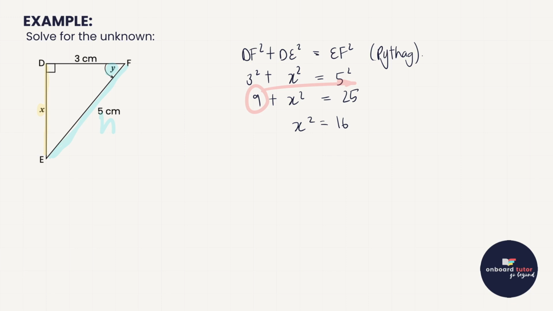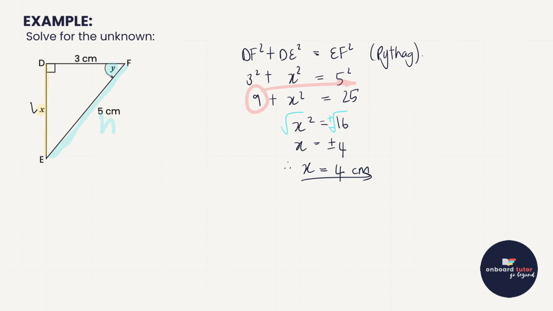Then we square root both sides. Remember that whenever you introduce a root, you do it with a plus or a minus. So x is equal to plus or minus 4. Now we can make a logical conclusion: I can't have a negative side length in a triangle. And so x in this instance can only equal 4 centimeters.